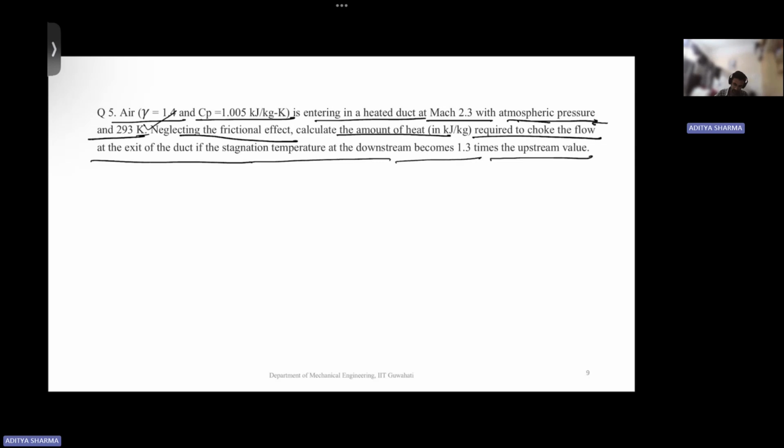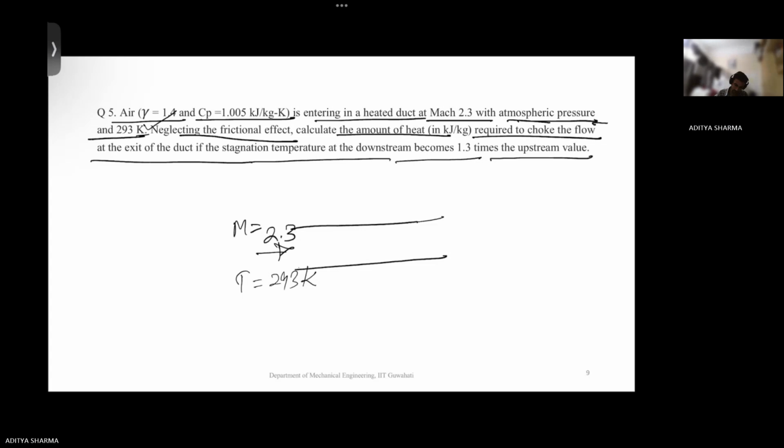So you have a duct, entering with Mach 2.3. Then T here is 293 Kelvin. Now you want the flow to be choked at the exit.